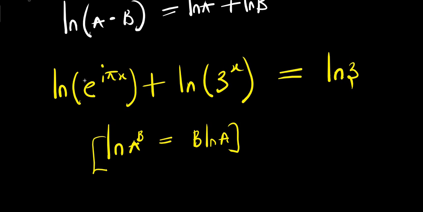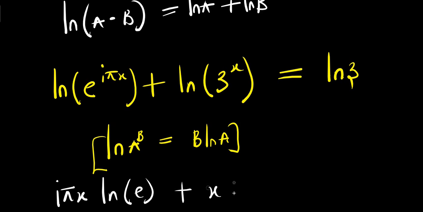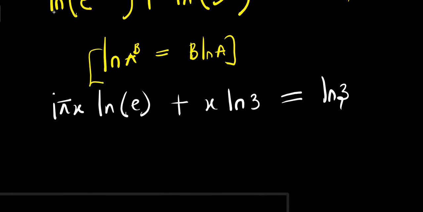Meaning that we are simply going to have i pi x times natural log of e plus x times natural log of 3 equals natural log of 3. So what we need to consider is this, eliminate this.